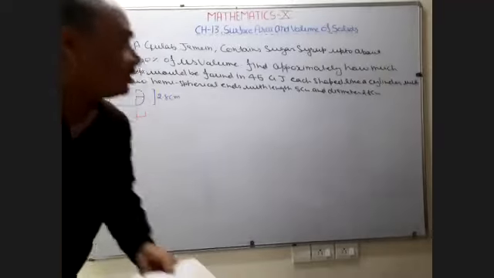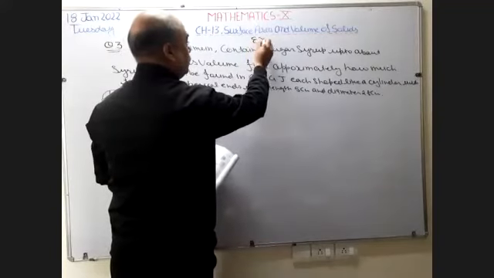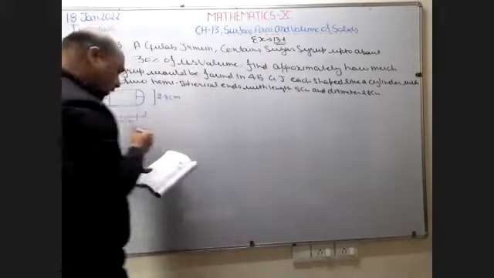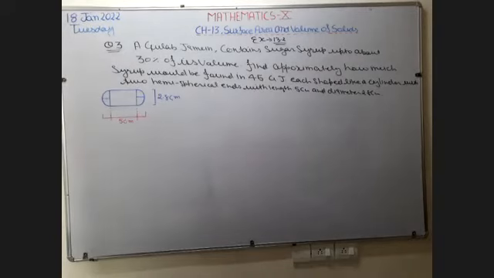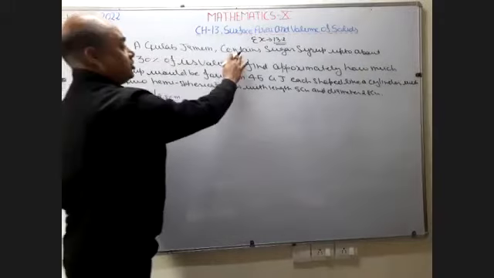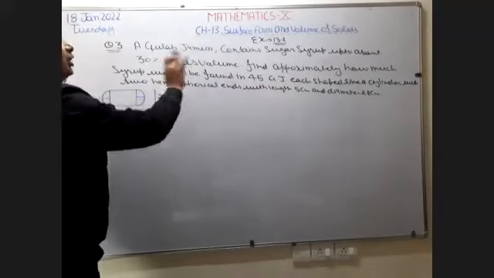Now we are going to solve this exercise 13.2. So this is question number 3 of exercise 13.2, already written on the board. Check what is given in this question. A gulab jamun contains sugar syrup up to about 30% of its volume.